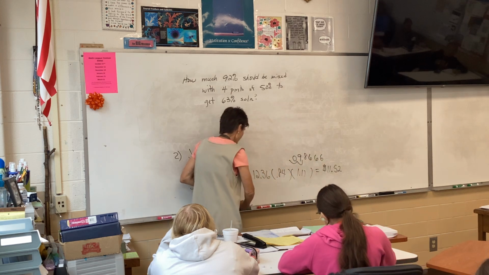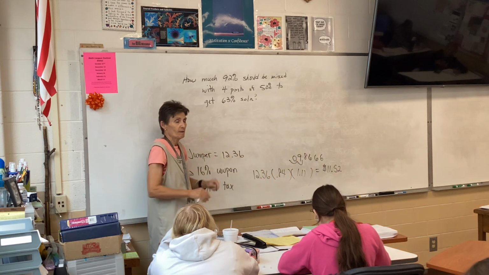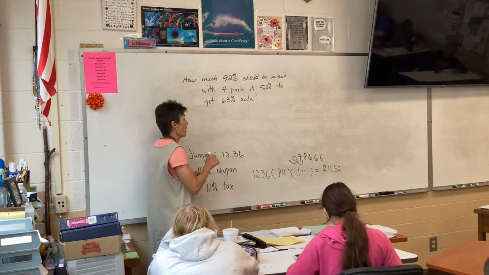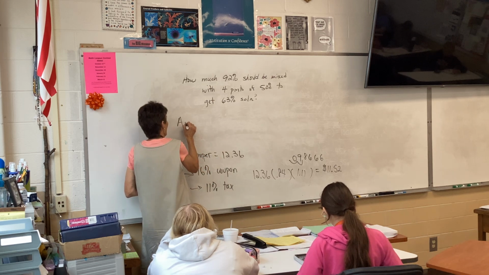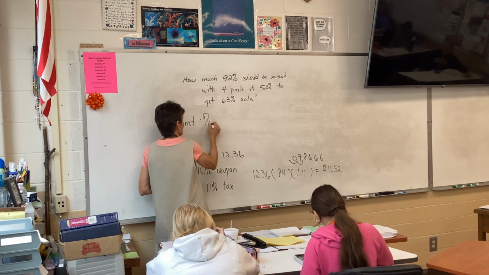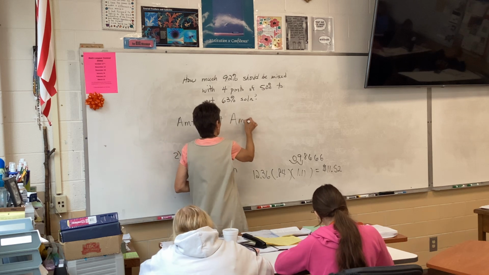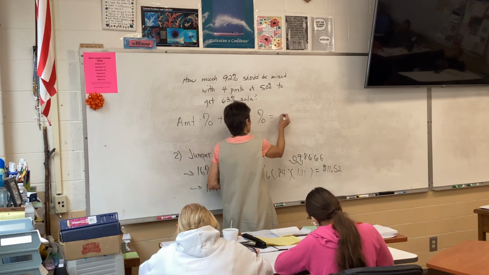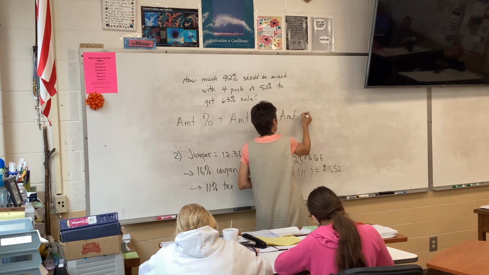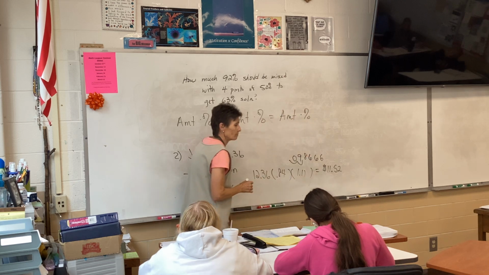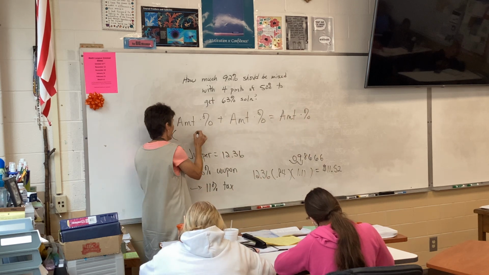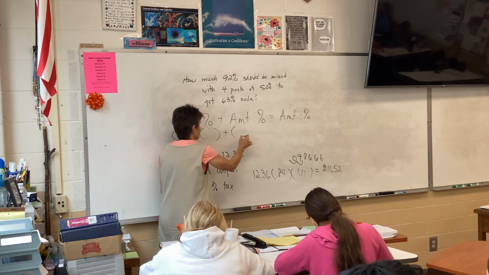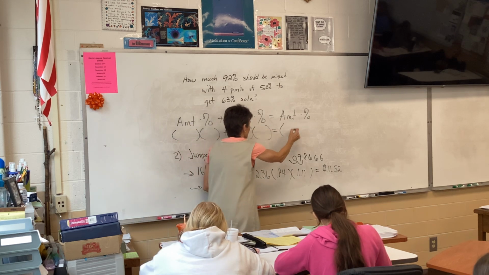What is my setup, my general formula for this problem? Amount times percent plus amount times percent equals amount times percent. So amount, percent, amount.